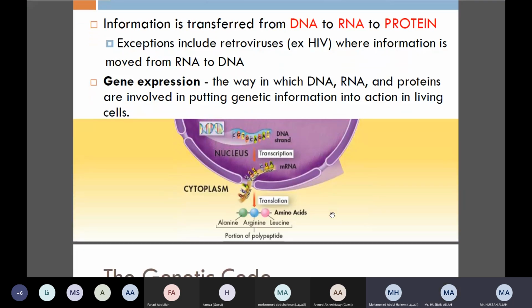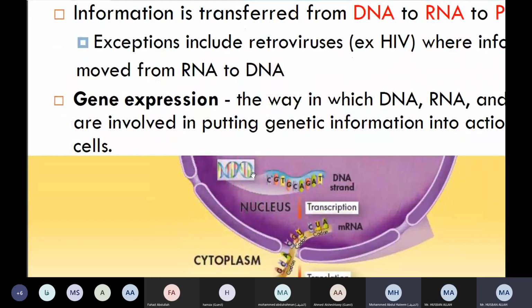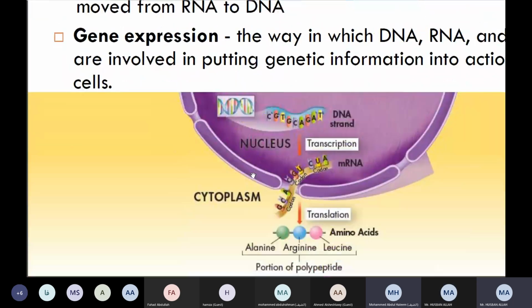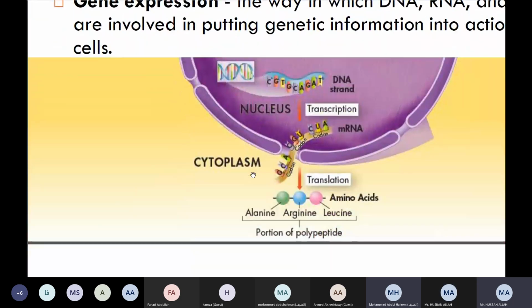Okay, now in the diagram which you can see down, you can visualize it. DNA is present in the nucleus, right? From the DNA, a short sequence, this is the entire lesson which we study, right?